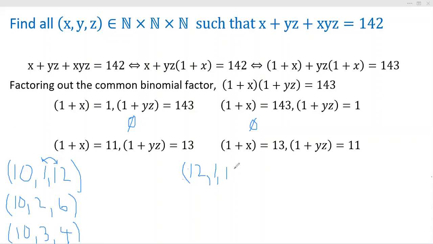And just like before, I'm going to use the little arc arrow right here to let you know that we could reverse the positions of those two values. So those are solutions. Now, the only other factorization of yz that would give you 10 would be 2 times 5. So right underneath here, I'll write 12, 2, 5.